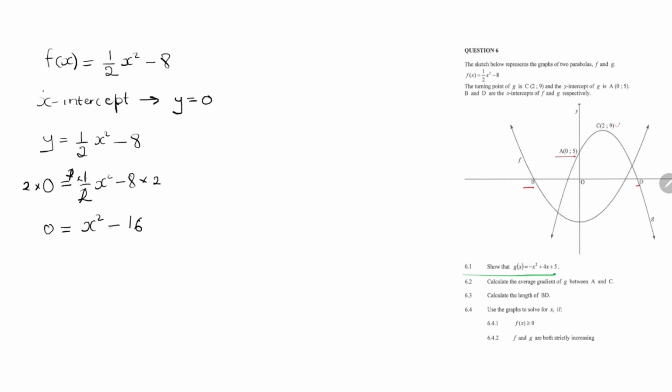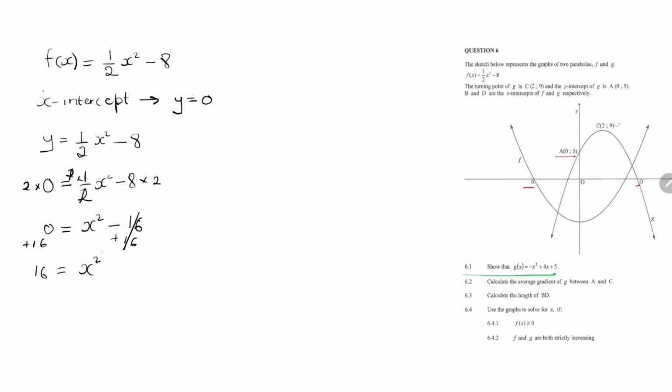Next we have to take the 16 from the right hand side to the left hand side. We will do that by adding 16 over here. When we do that on the right hand side, we also have to add 16 on the left hand side as well, such that 0 plus 16 will give us 16, which will be equal to x squared.